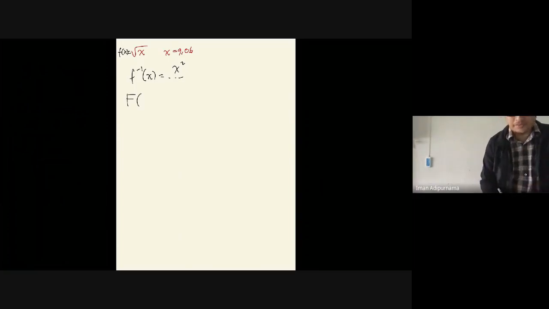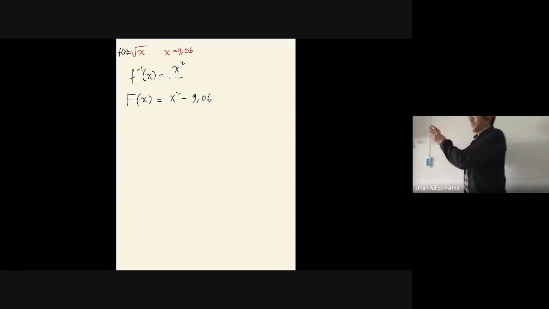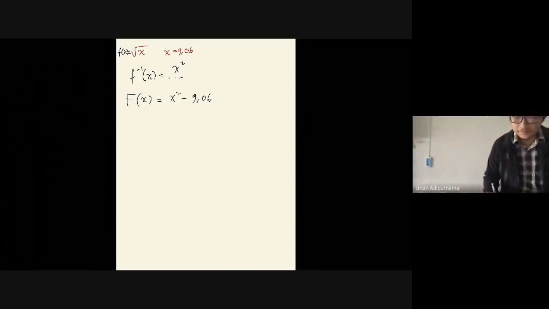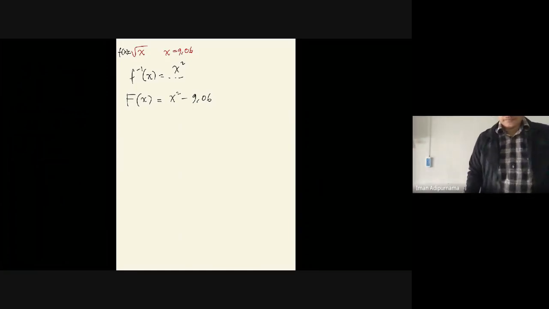Let me write a new function, capital F(x), as x squared minus 9.06, using the same idea from the linear approximation. Before, we used a as 3, right? So let me write a is 3.